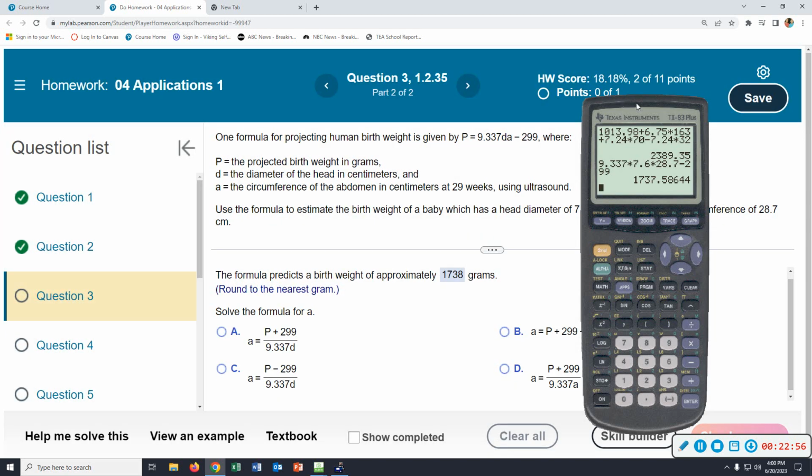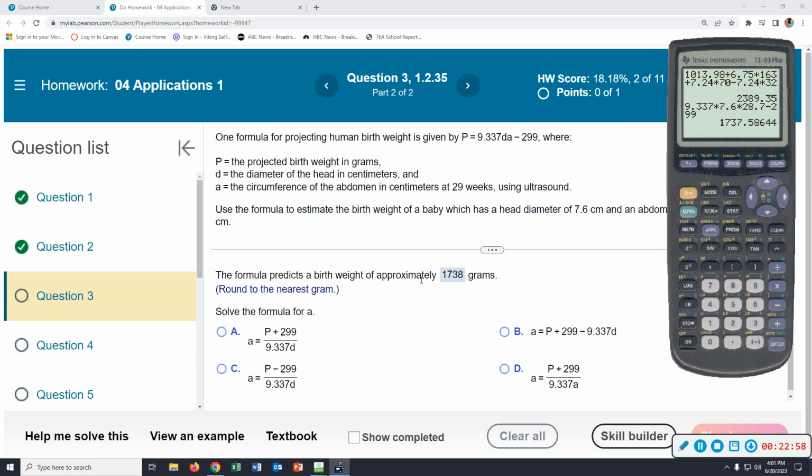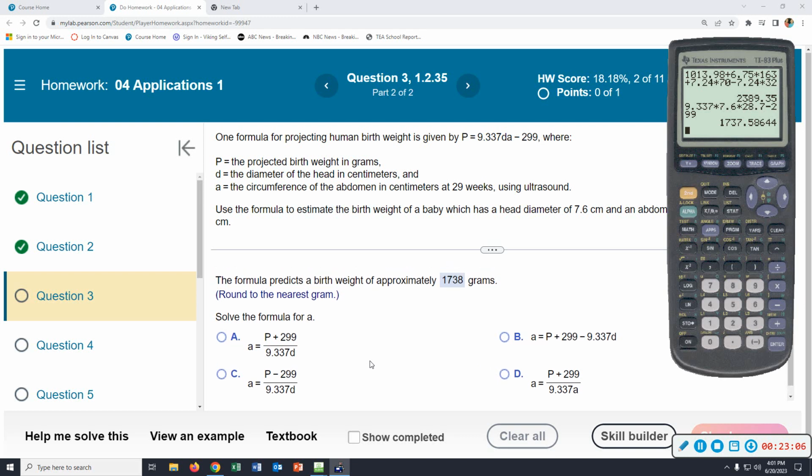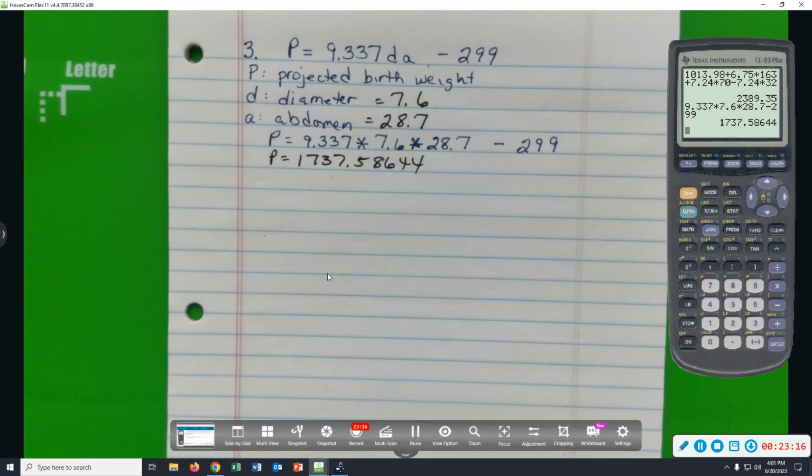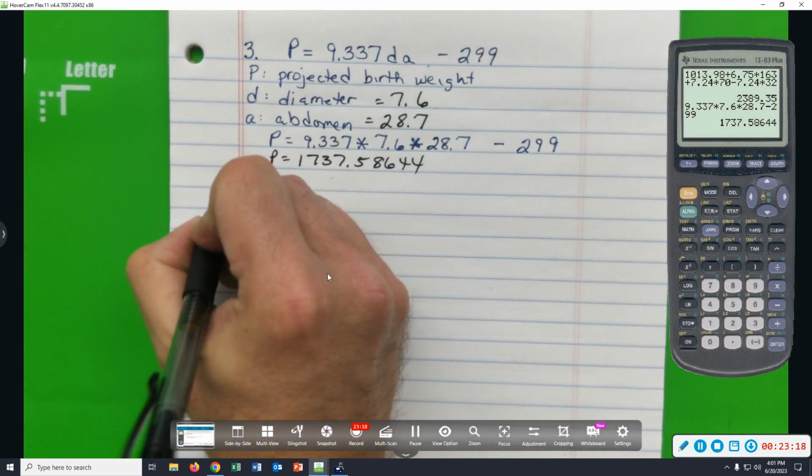Oh, and now let's see what this says. Solve the formula for A, and this one you don't have to type it in. It's multiple choice for you. Okay. So let me write the formula down again, and we're going to isolate A. This is the second part of the problem.